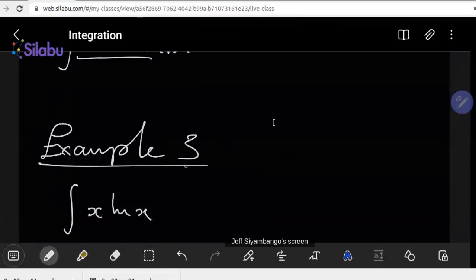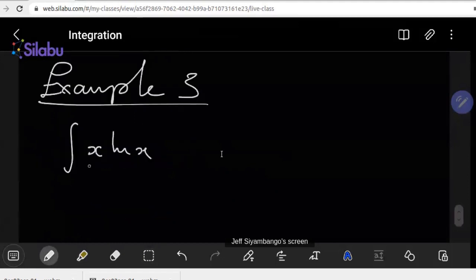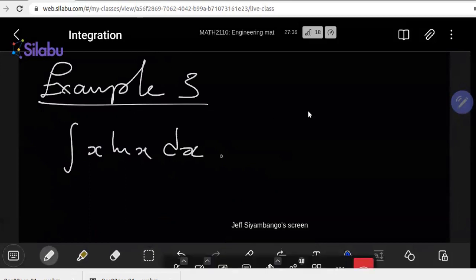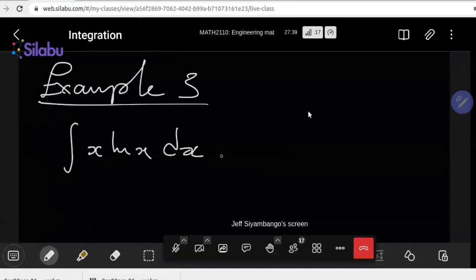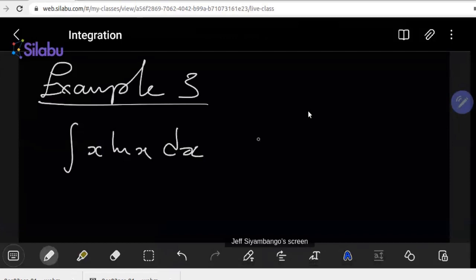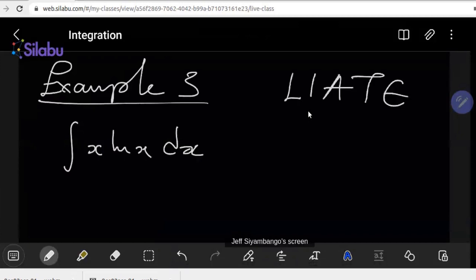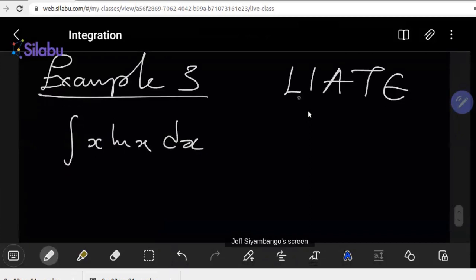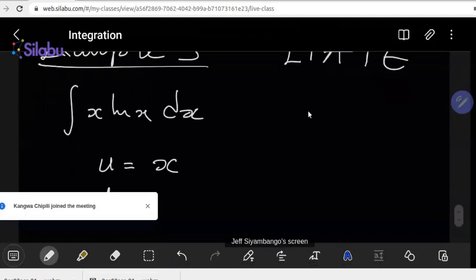What would you choose to be a u here? Ln x. So again, you have this. Of course, if I was to choose u to be equal to x, then obviously on the next step, du dx, you get a constant.